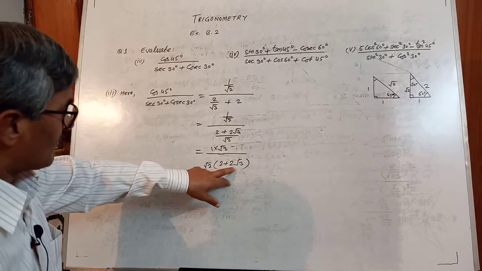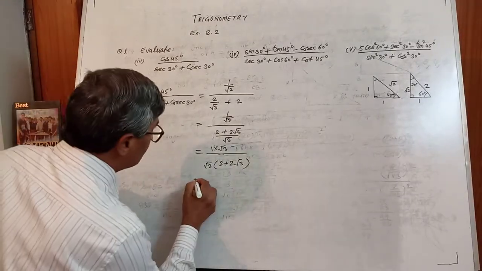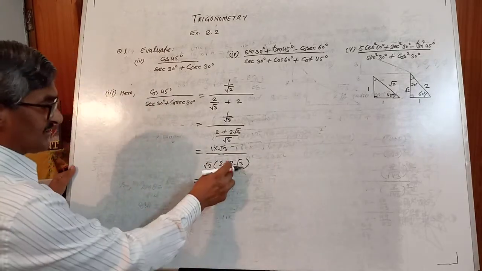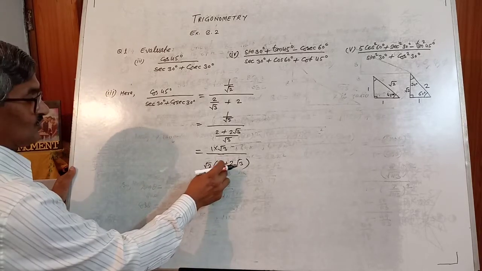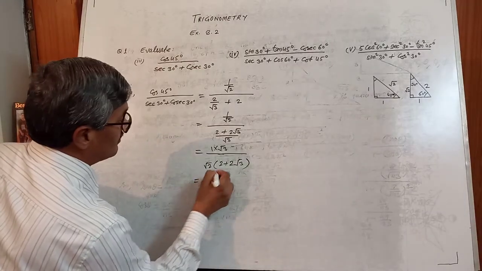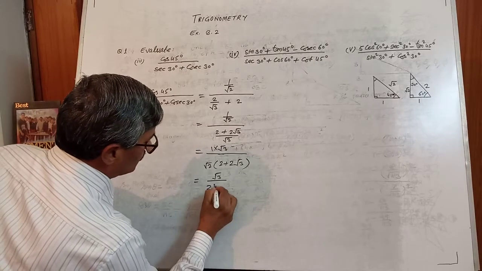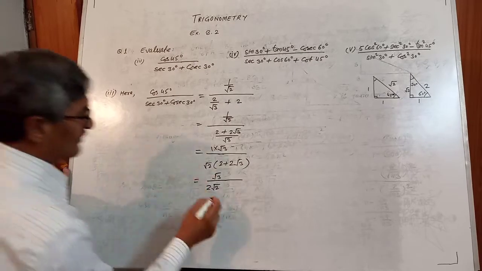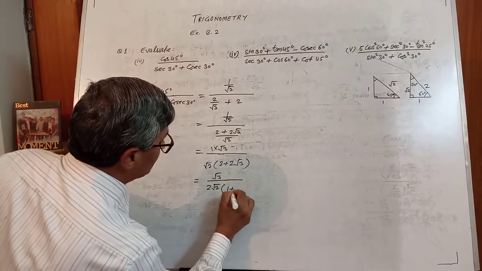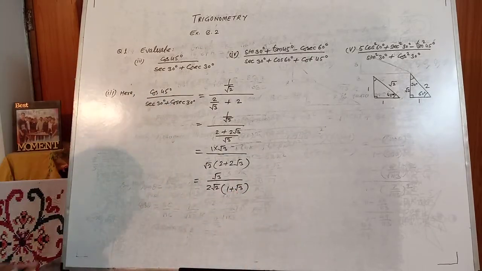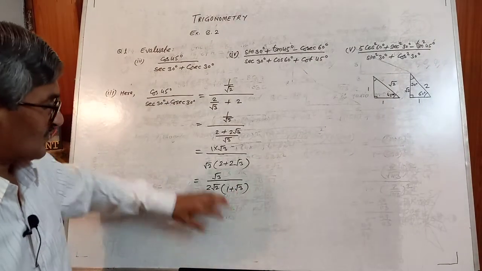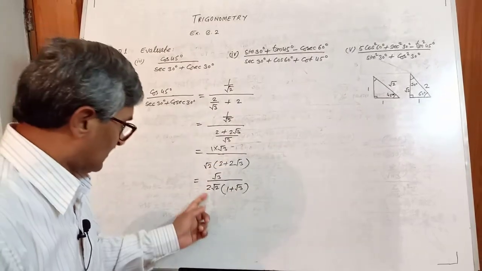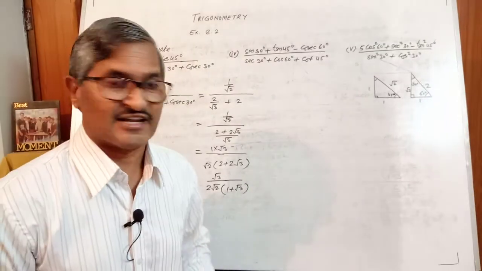Now, if you multiply this, what are we going to get? Root 3 divided by, take 2 as common, 2 root 2 into 1 plus root 3. This value is not given in the answer because the denominator is irrational here.